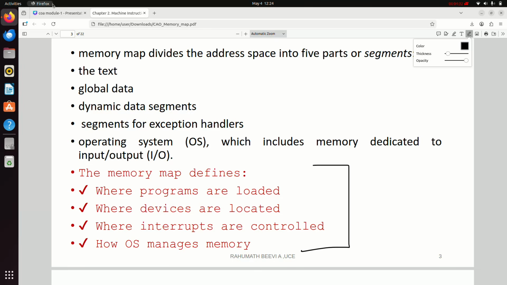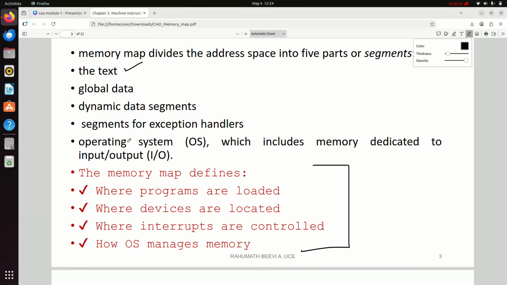Where the program, the text part, is loaded; where devices are located, since we have the IO segment; where interrupts are controlled, which would be another segment; and how the OS is managing the memory. These are the different functions done by the memory map.